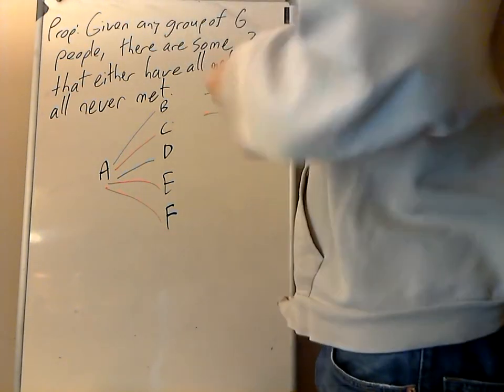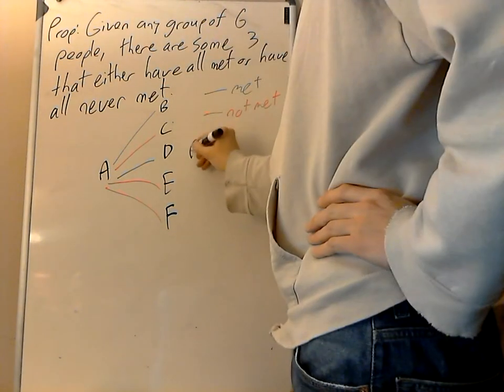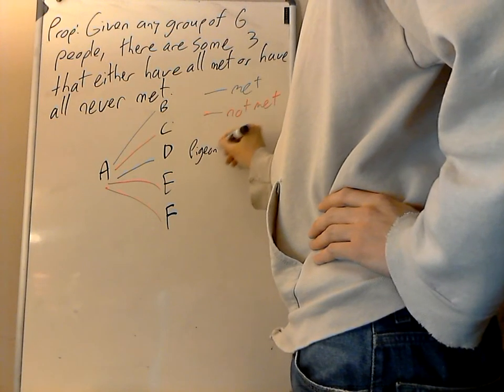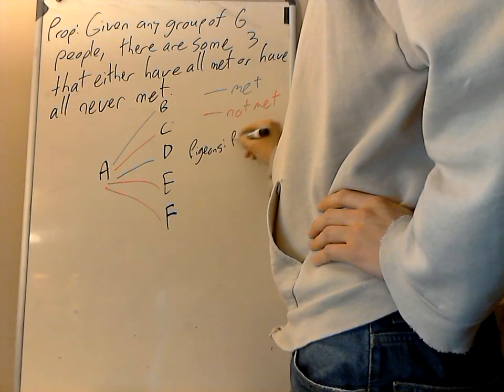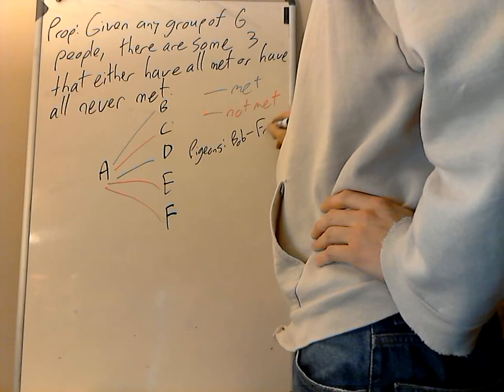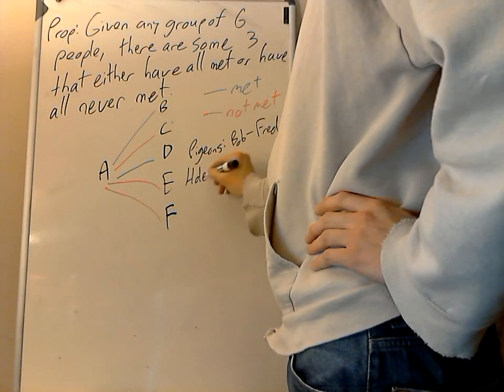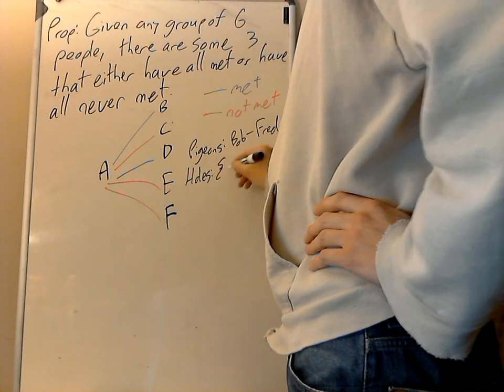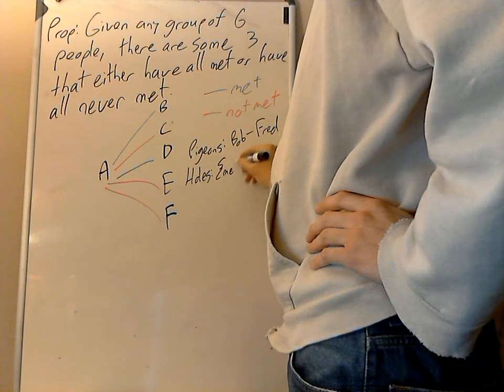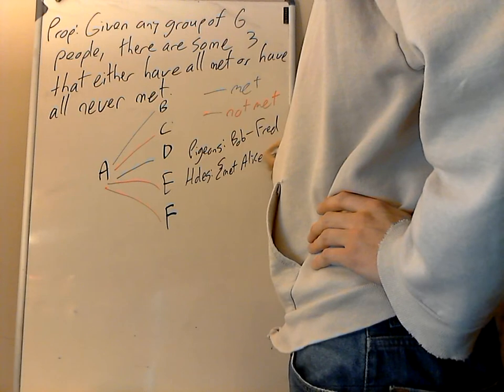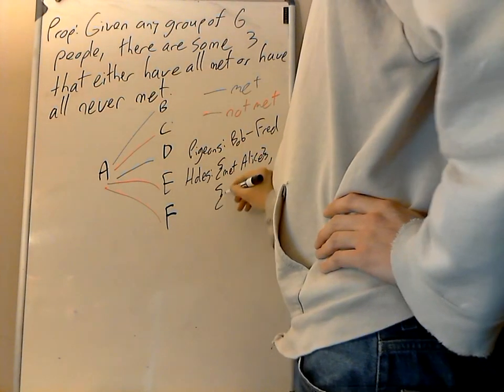So in this case, our pigeons are Bob through Fred. And our holes are the people who have met Alice and the people who have not met Alice.